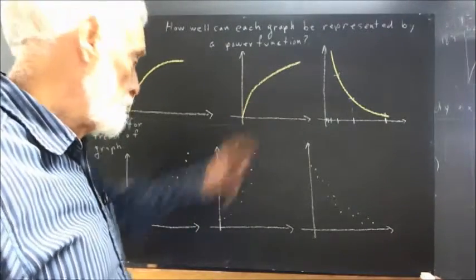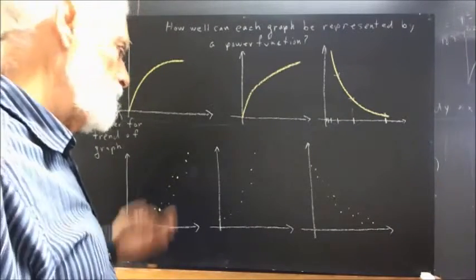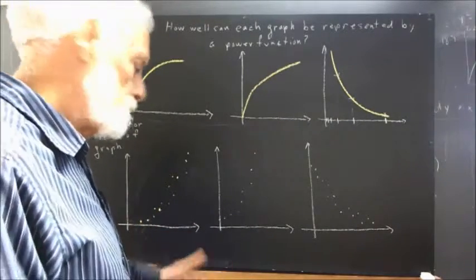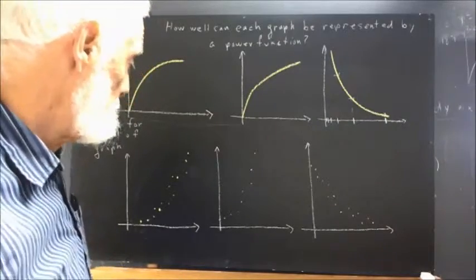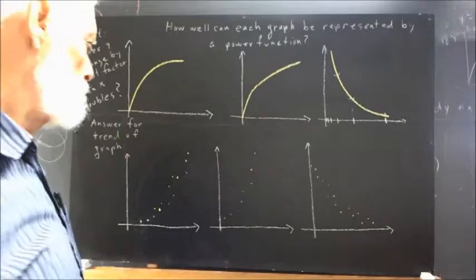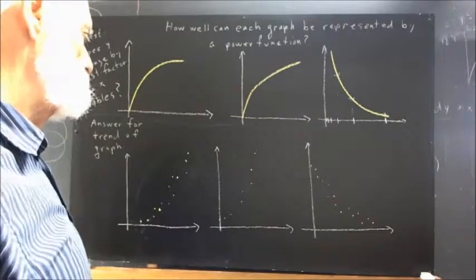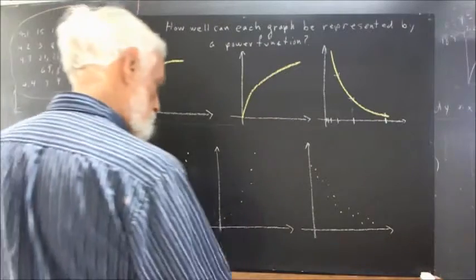I'm just trying to fit the trend of the data. And that takes a little practice. You can draw some of these and draw your own trend lines. I'm not sure how well I'm going to do with this, just because of the angle at which I'm looking at the board. But hopefully I'll do well enough that you can get the idea.